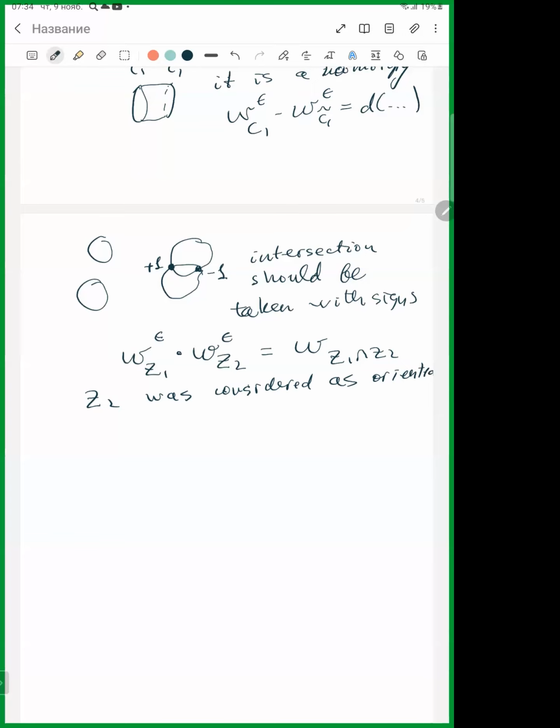And this orientation is involved in the intersection.